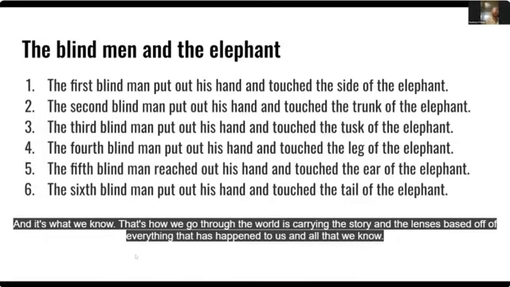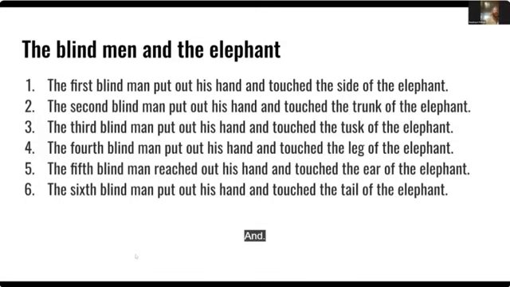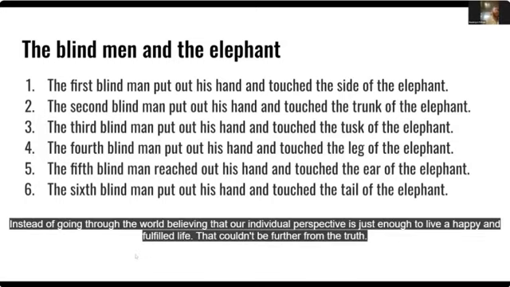That's how we go through the world, carrying the story and the lenses based off of everything that has happened to us and all that we know. And instead of going through the world believing that our individual perspective is just enough to live a happy and fulfilled life, that couldn't be further from the truth.